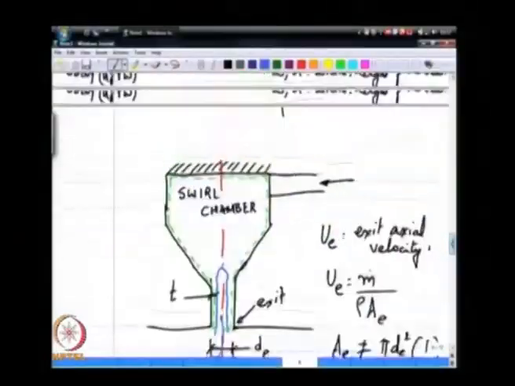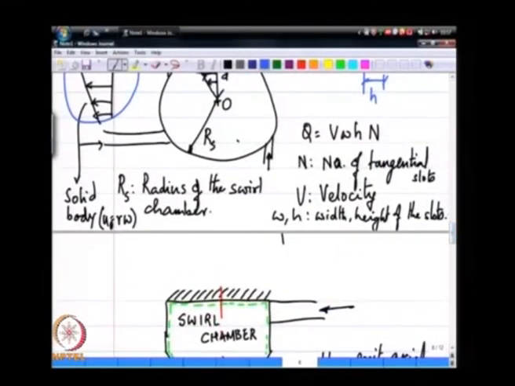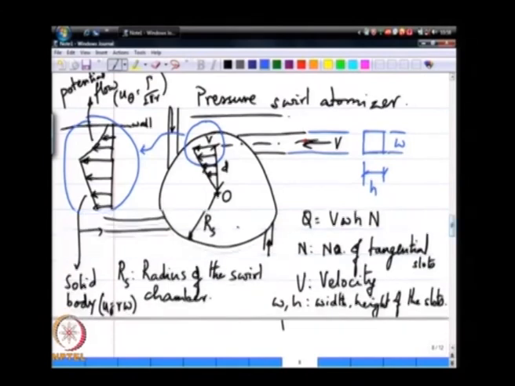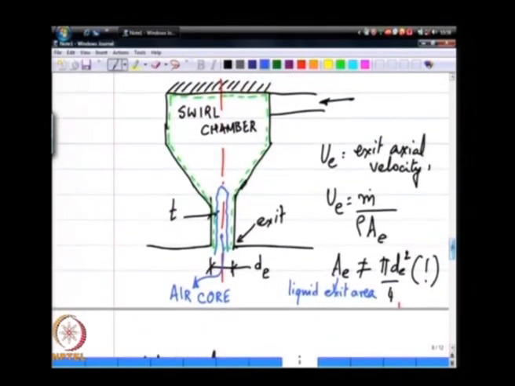By varying d, the tangential offset of these slots, I can create a higher or lower amount of angular momentum entering the swirl chamber. As a consequence, the swirl chamber geometry dictates the value of AE, the exit area available for the fluid flow.